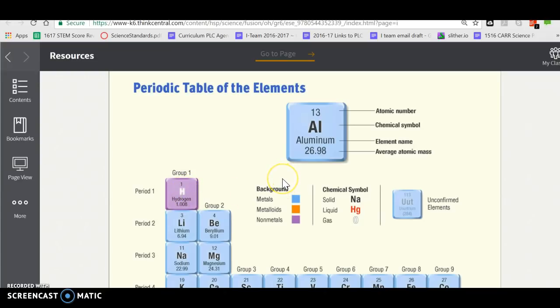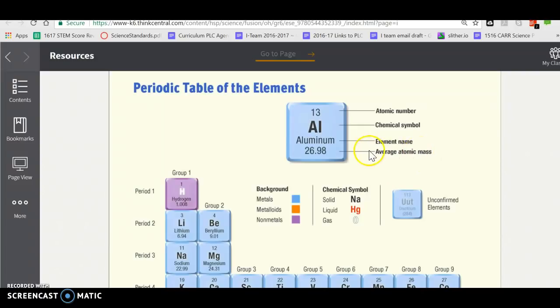If it is 2 letters, like aluminum, or down here at beryllium, the first is capitalized and the second is lowercase. You'll see later on why that is important. And then that is the symbol, and then underneath it is the full name. And on the very bottom is the atomic mass.